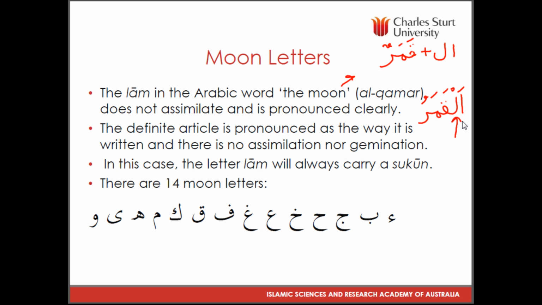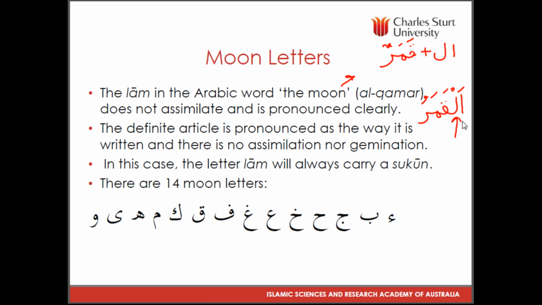The lam in the Arabic word for the moon, al-qamar, is pronounced clearly. So we pronounce as we write. It is written as al-qamaru and we pronounce it as al-qamaru as well. There is no assimilation, no gemination.